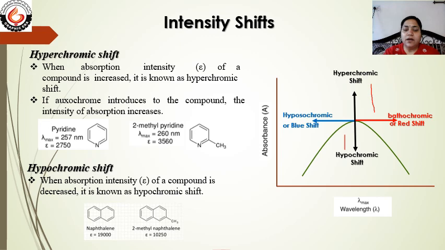In the case of naphthalene, the absorption intensity is 19000, whereas in the case of 2-methyl naphthalene, the absorbance intensity is 10250. So this is decreased from 19,000 to 10,250. So this is hypochromic shift.